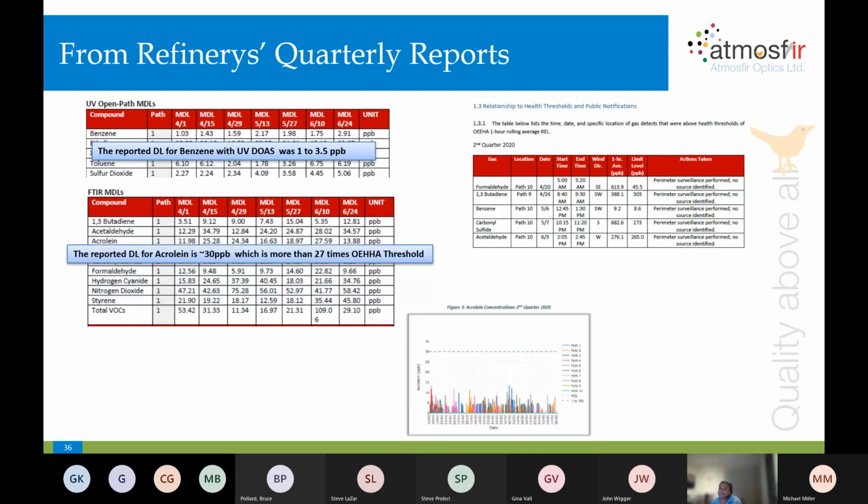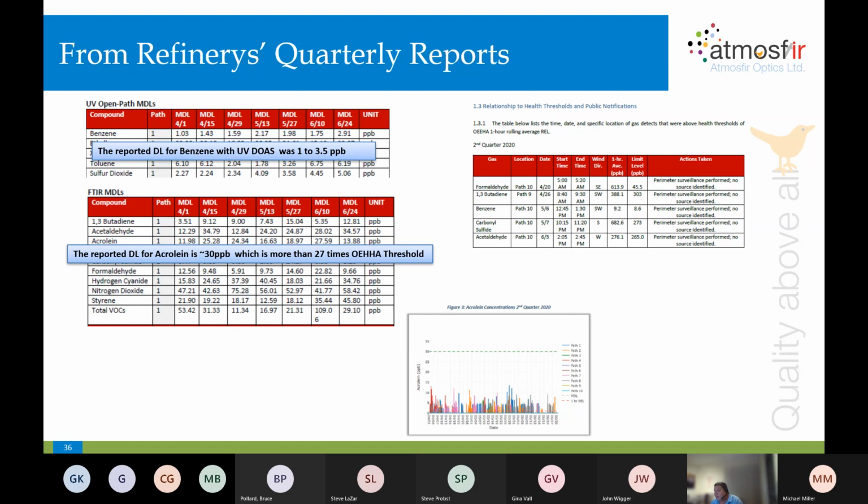And something unbelievable that was also reported to the public, and is still reported to the public, is acrolein. The acrolein detection limit is 27 times higher than the OEHHA threshold. So that means the analyzer is meaningless for measuring acrolein.